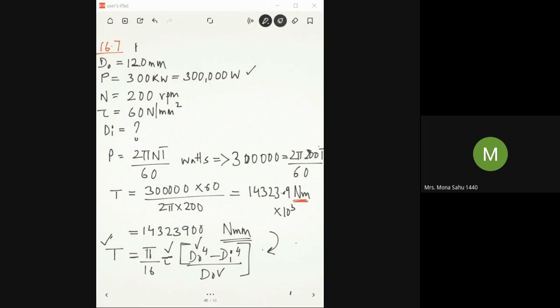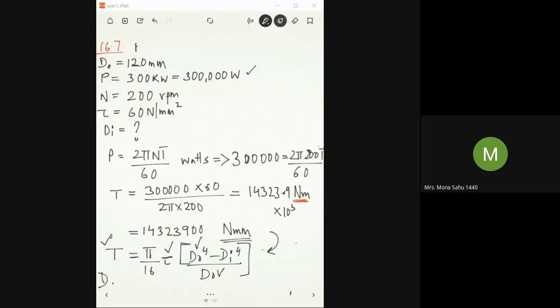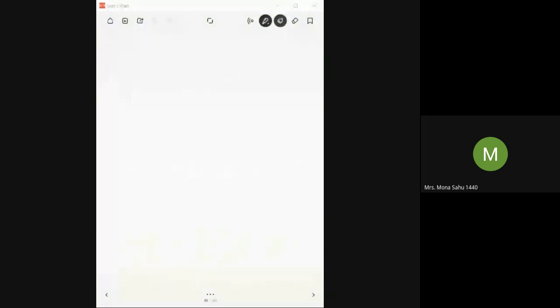Those of you doing, I'll just solve in 2-3 steps. So you should substitute like this. Okay.